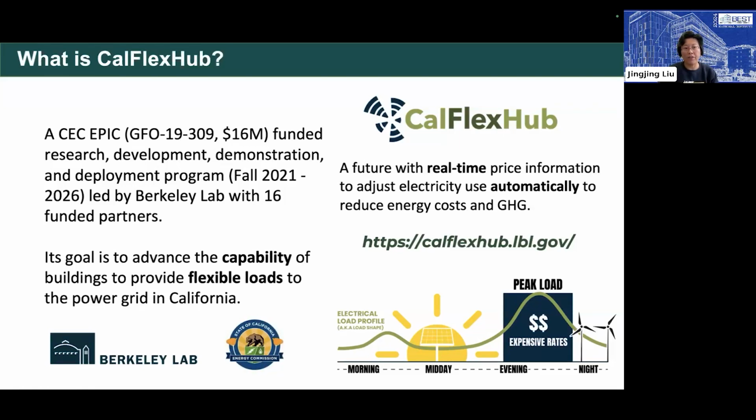We've been working on it for a couple years by now, have a couple more years to go. The primary goal of this program is to build up a pipeline of technologies with the capability of automatically receiving and responding to dynamic electricity price signals as well as GHG signals, and send it to the load flexible devices to change their load consumption pattern.